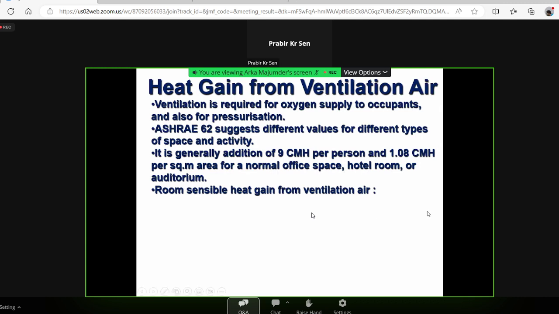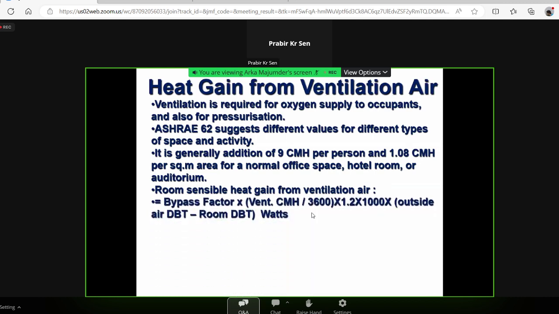So once we have decided how much ventilation air, now we must calculate how much part will be sensible heat, how much part will be latent heat, and how much will come directly inside the room. 12% will come directly inside the room because of the bypass factor of the cooling coil, and 88% will go in the cooling coil.